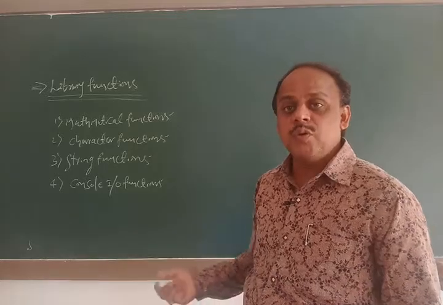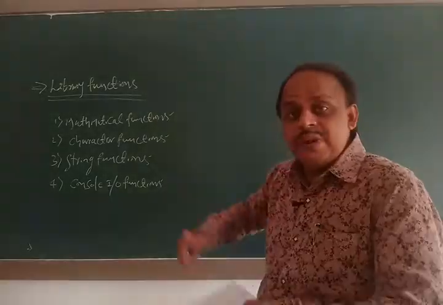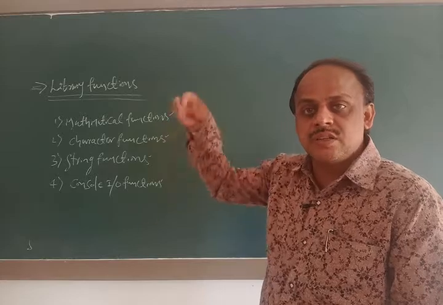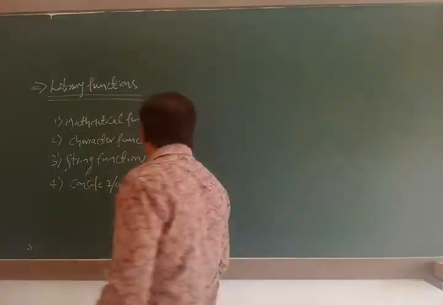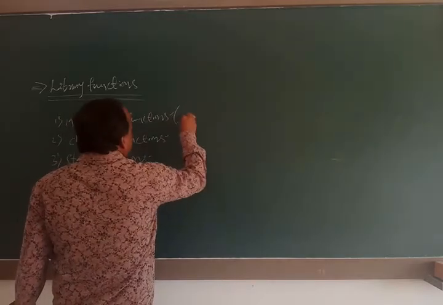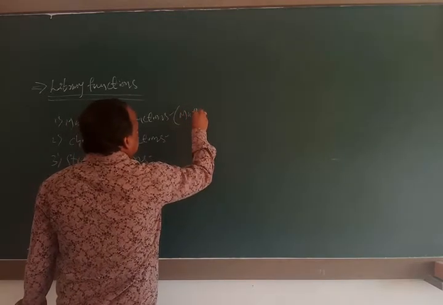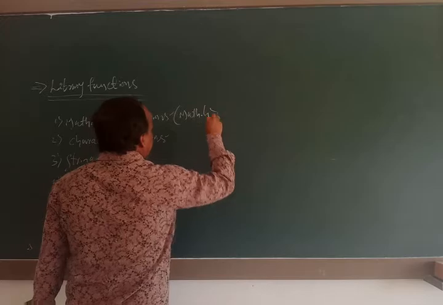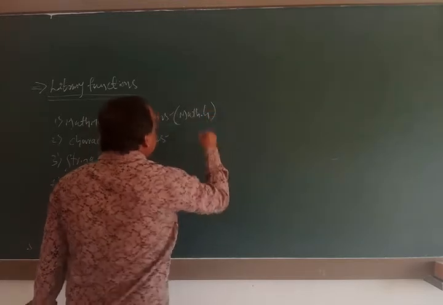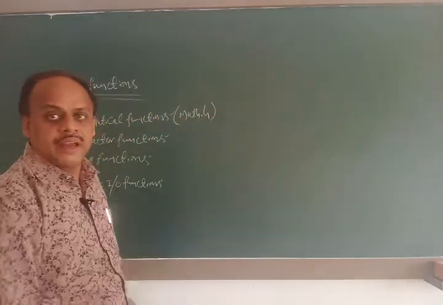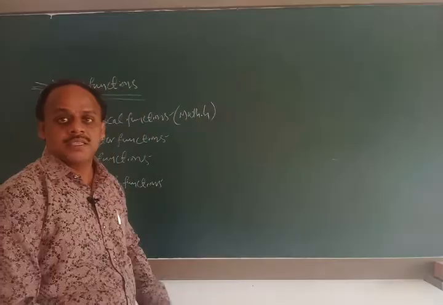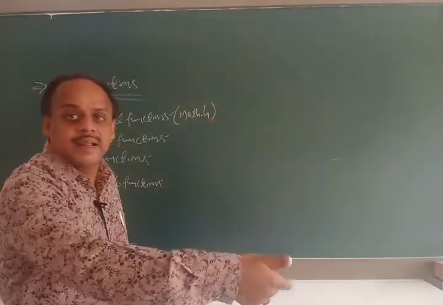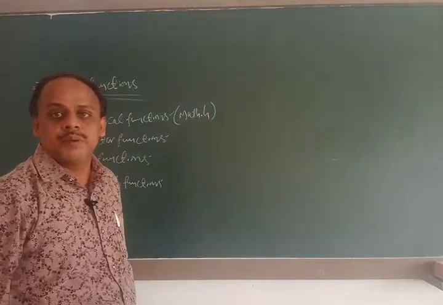Suppose we have to include some predefined library functions in our program, we have to use a header file called math.h. Means in our program we use the preprocessor directive include math.h, so mathematical library functions are linked to our program.